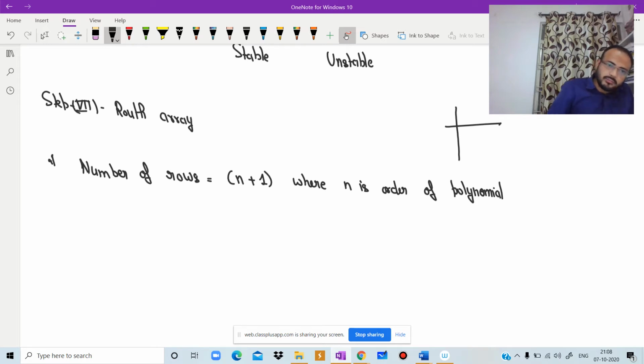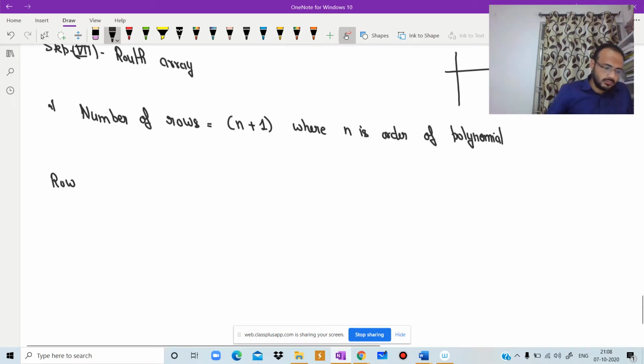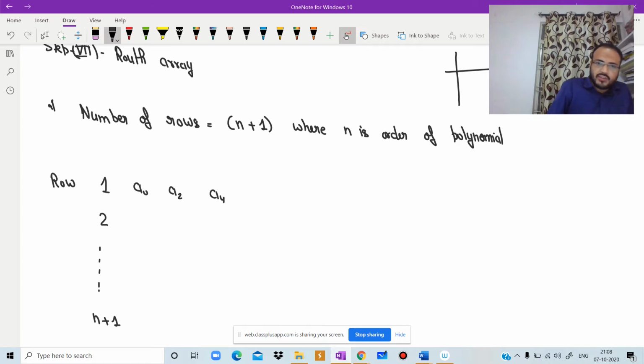So now make the Routh array. It is row, it is column. One, two, up to n plus 1. In first row: A node, A2, A4, A6, up to and so on.